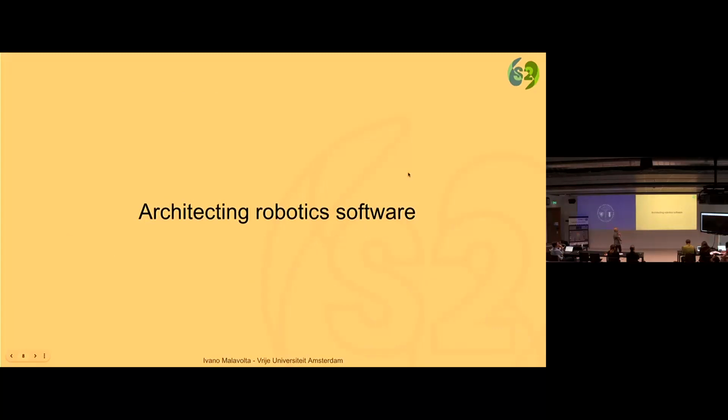Okay, now let's move to the architecting topic. This was meant as a warm-up, to start talking about the kind of problems we are looking at and how we approach them.